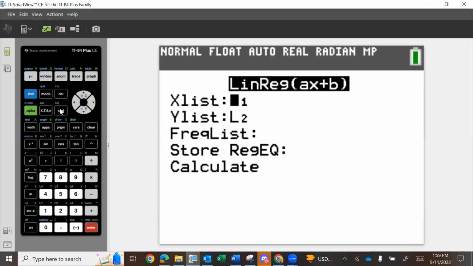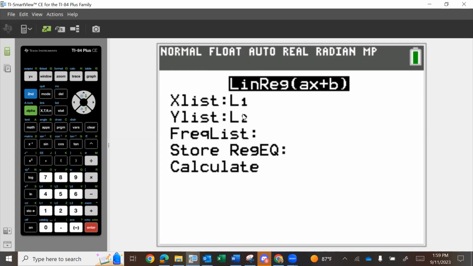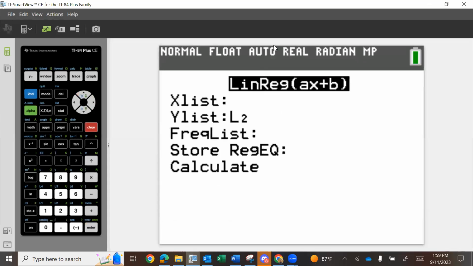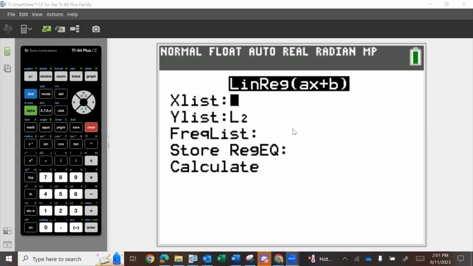Okay, so we'll pick that and make sure it says L1 here and L2 here, because that's where I put my X values in L1, I put my Y values in L2. That's probably what it says on your calculator. But if it doesn't, the way to fix it is: notice right above the number 1 button, it says L1 in blue.